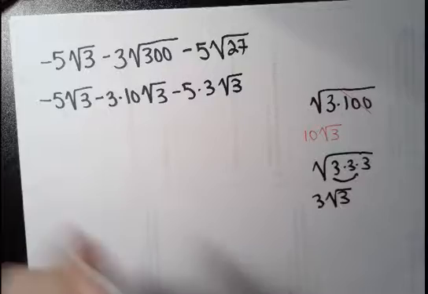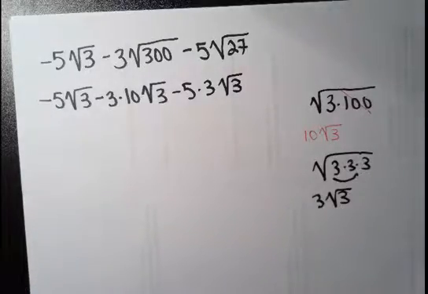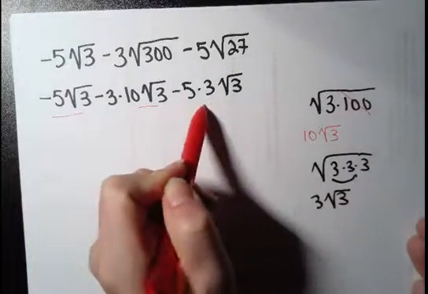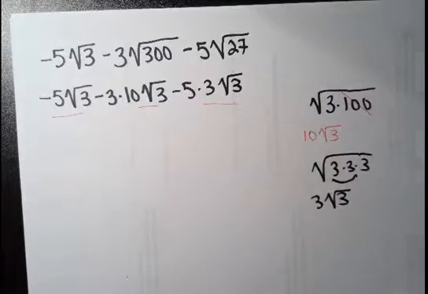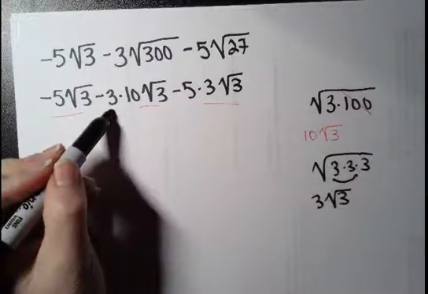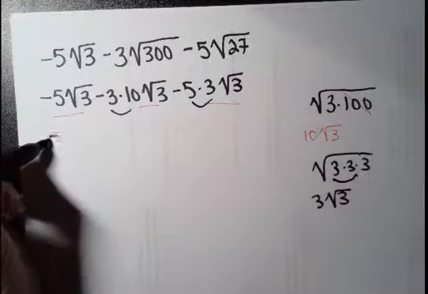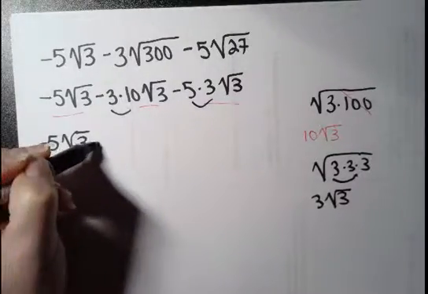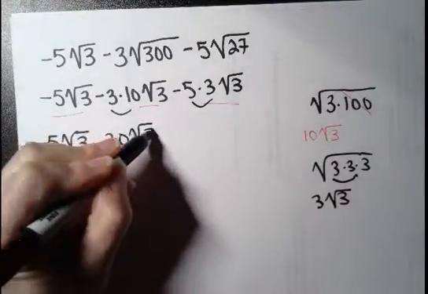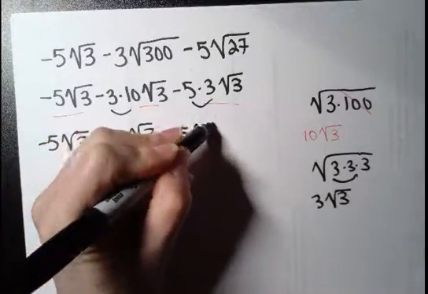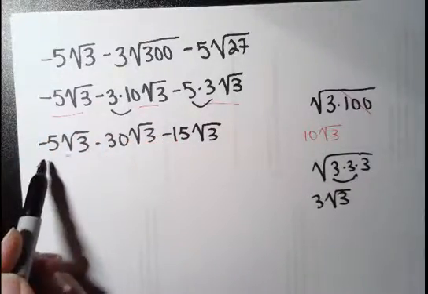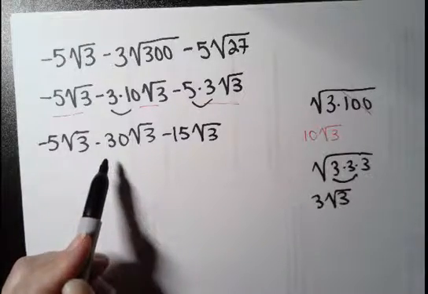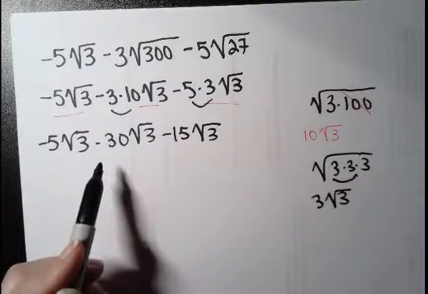Again, I do the same thing here. I look for like terms. Actually, these are all like terms because they all have radical 3. So I can go ahead and add the coefficients. Before I do that, I should multiply these things though. So I have -5 rad 3 minus 30 rad 3 minus 15 rad 3. So -5 minus 30 is -35.